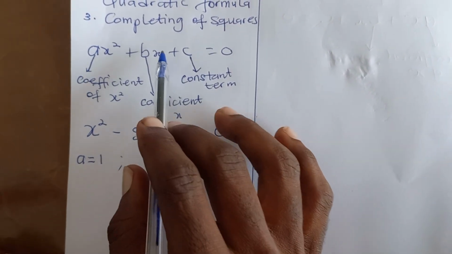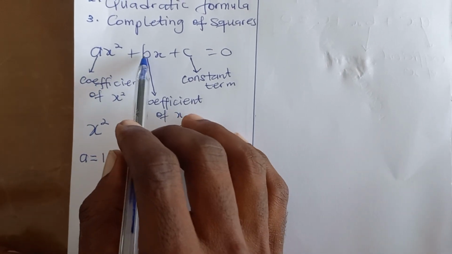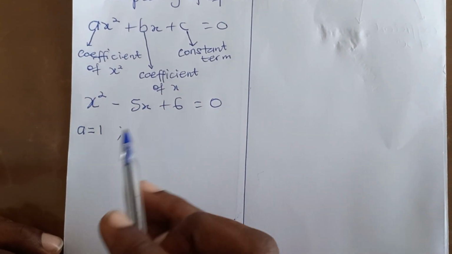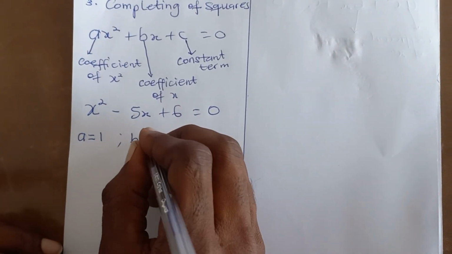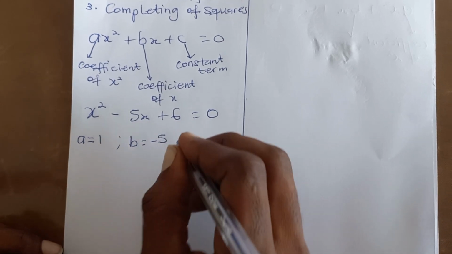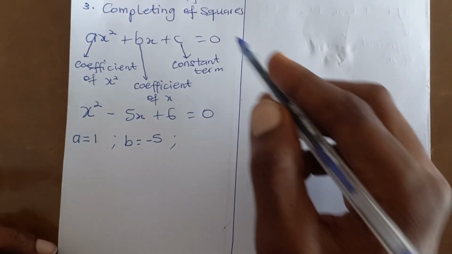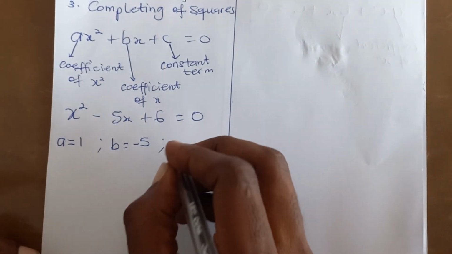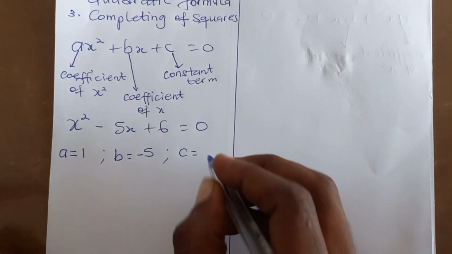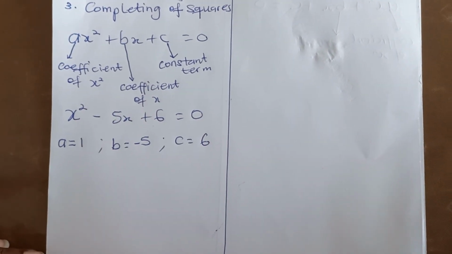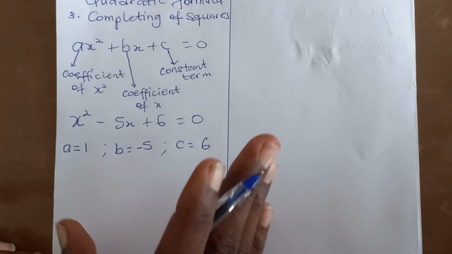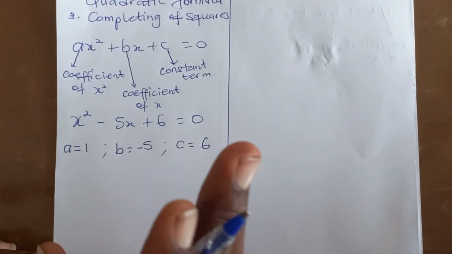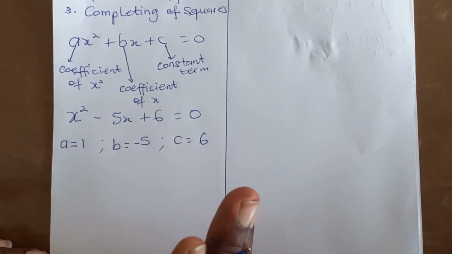That of x, which is the b, in our own is what? Negative 5. The constant term is 6. Good. So we start from here. I hope you are getting it clearly.